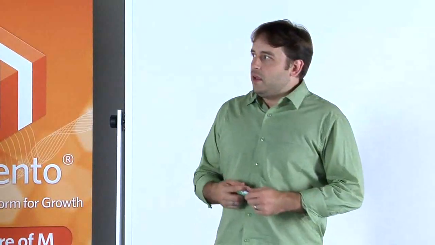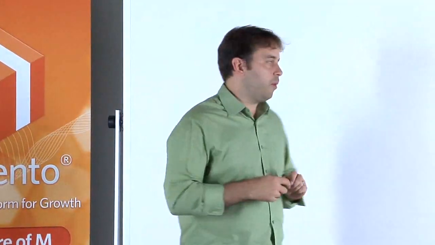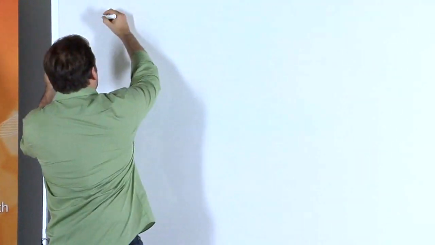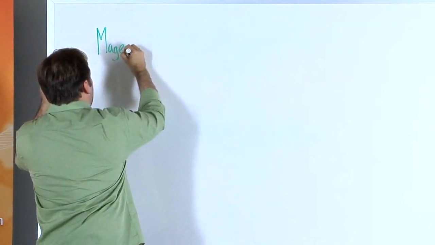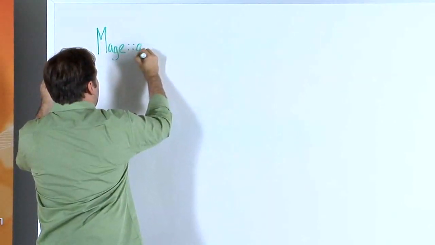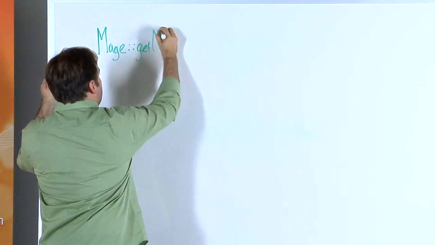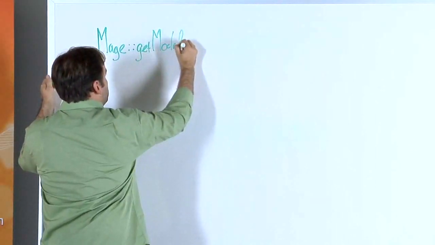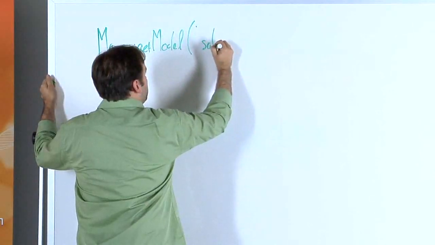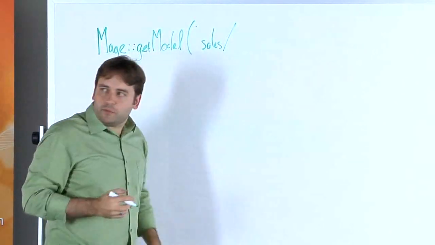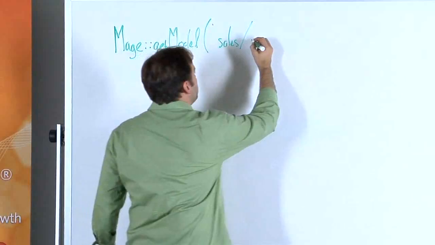So what that config object does, we might see this call: Mage::getModel, sales, and then what are we getting? We're getting quote_address.